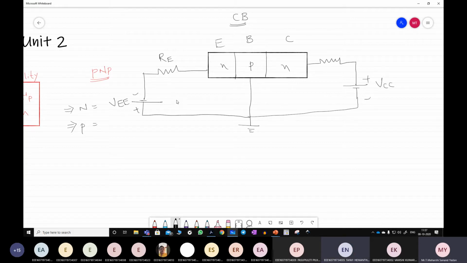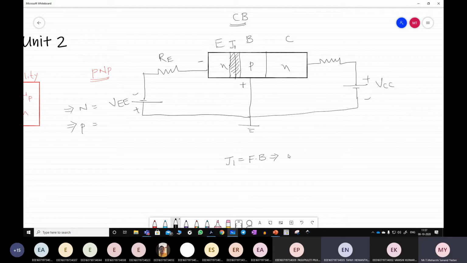Now you have solved the KVL in loop number 1 also. Now tell me what is happening internally. Negative is connected to N and positive is connected to P. So will the depletion region be forward biased or reverse biased? This is junction J1, so junction J1 is forward biased.